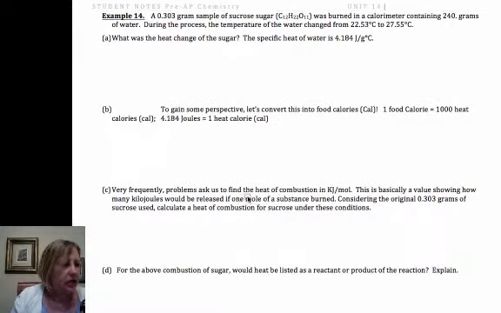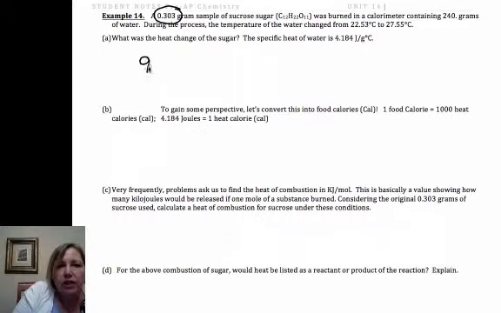So let's take a look at this. We're going to take sugar, we're going to combust it, and it gives us the mass of water, and it says, what is the heat change for that amount of sugar?